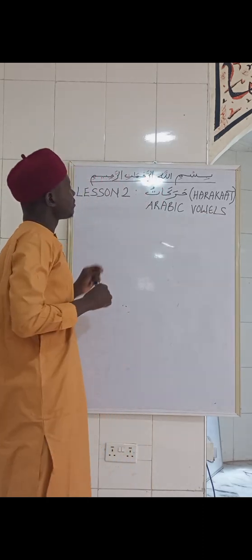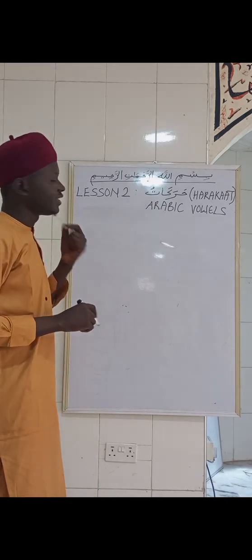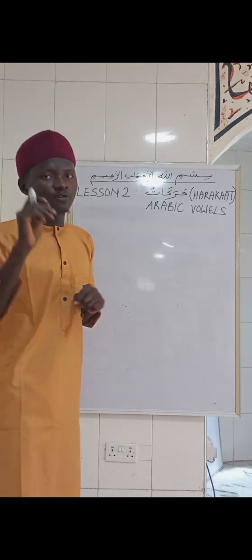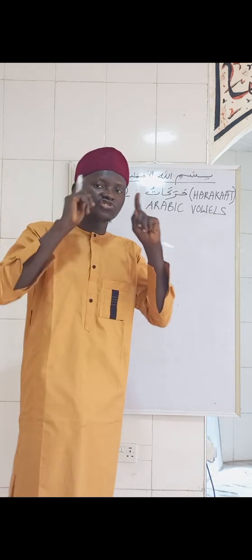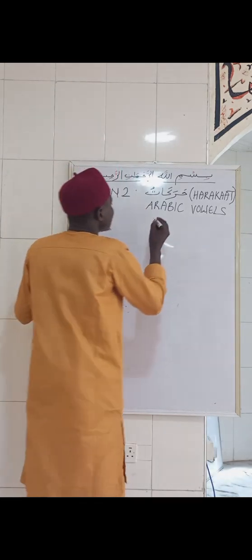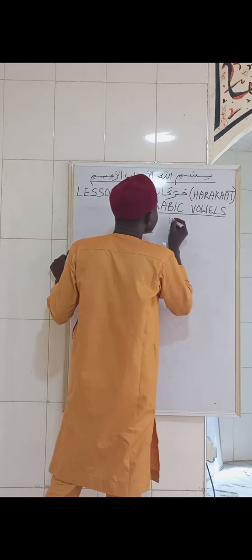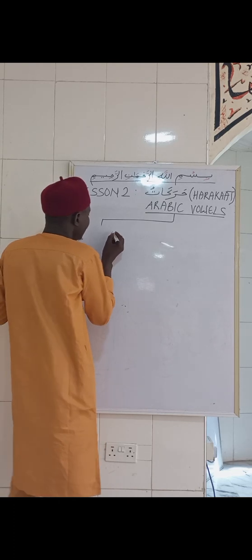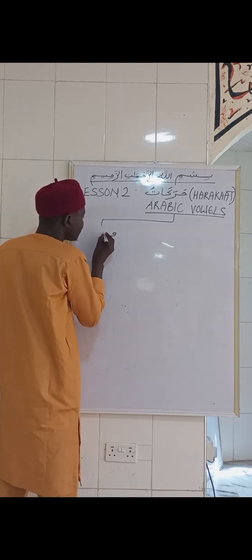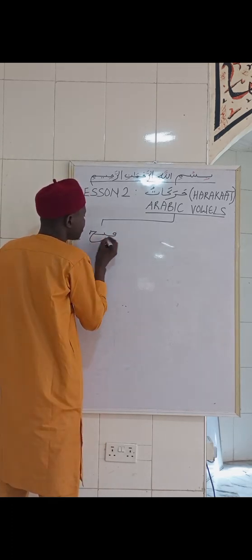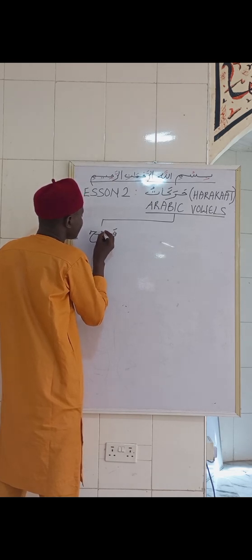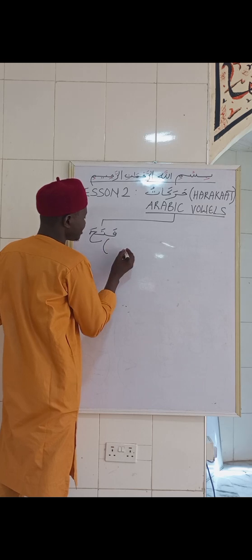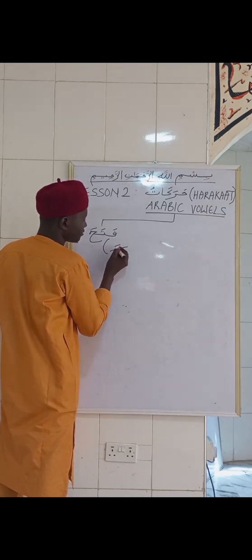So these Arabic vowels, they are just 3. Unlike in English, where we have 5 vowels, in Arabic we have just 3 vowels. The first one is called Fataha, and this is the sign that is used to denote Fataha.